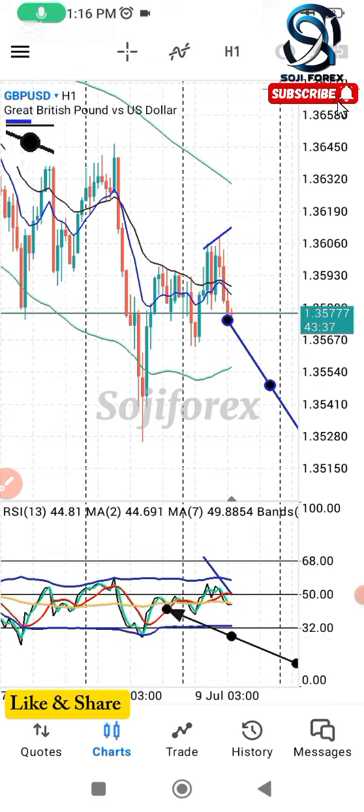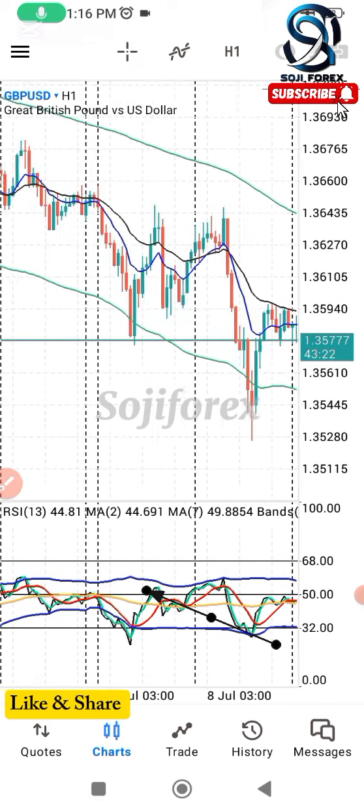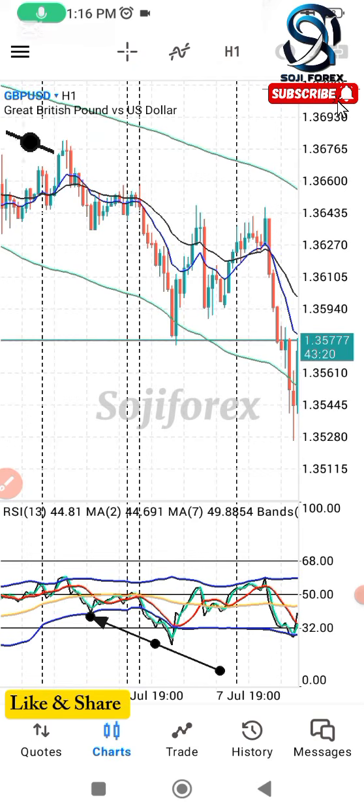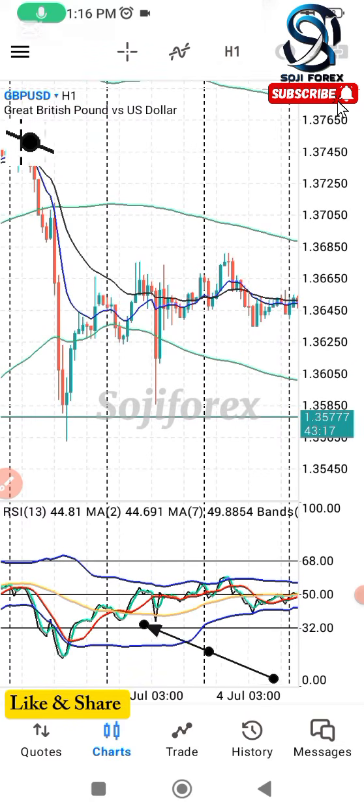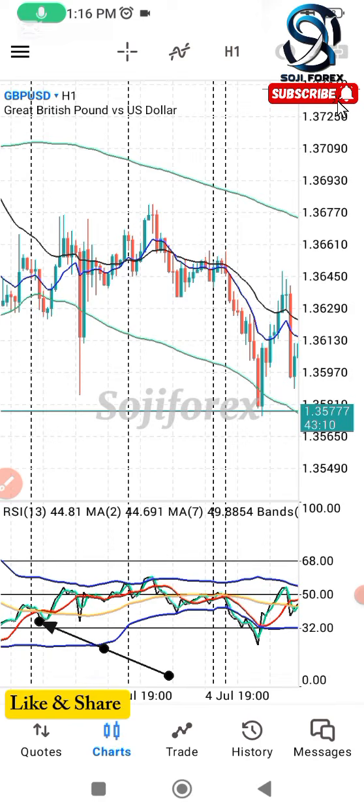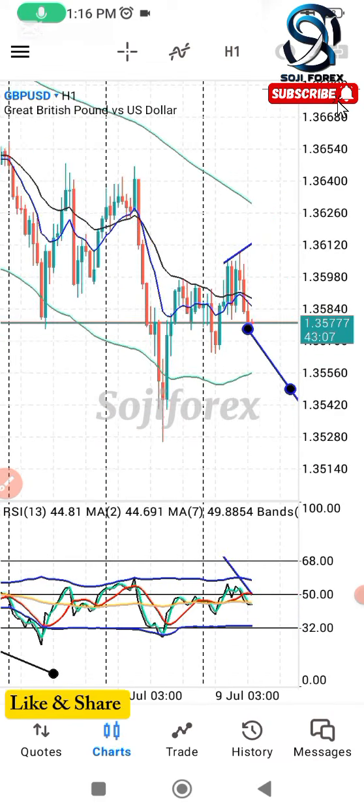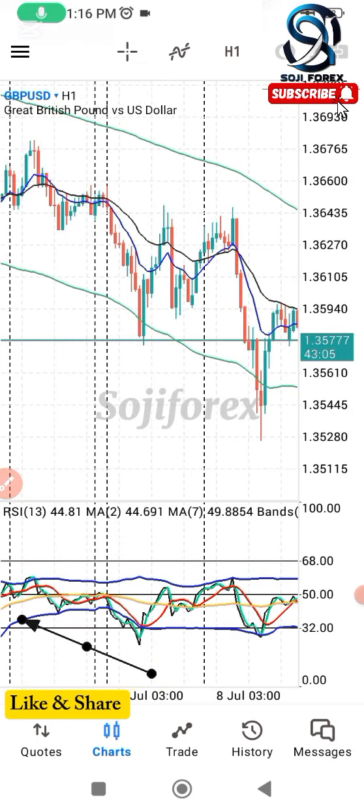So whenever this gold line is below the 50 level of our RSI, you can see our RSI levels will have 50, 32 and 68, it simply means that we are in a downtrend. You can see that for a very long time, this gold line has been below it. Look at when it crosses below it, and it has remained below it all till this moment of making this video. So this helps us to determine the trend.